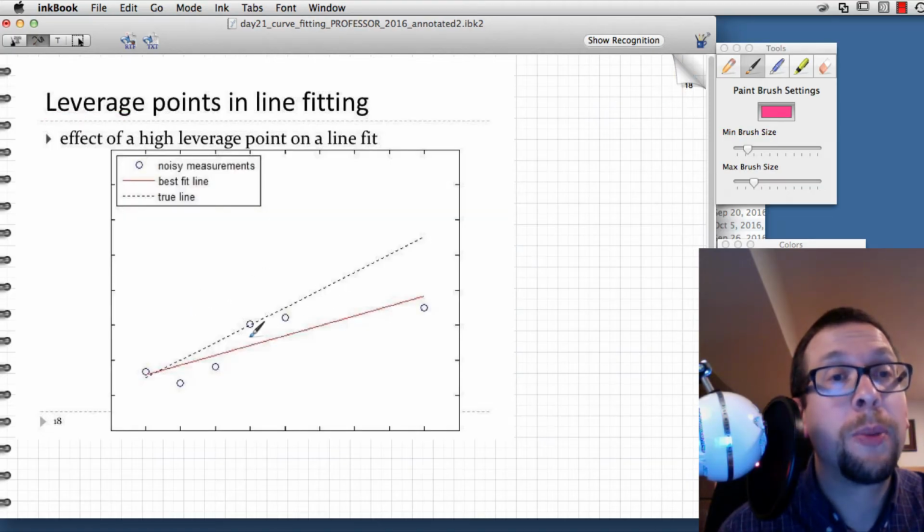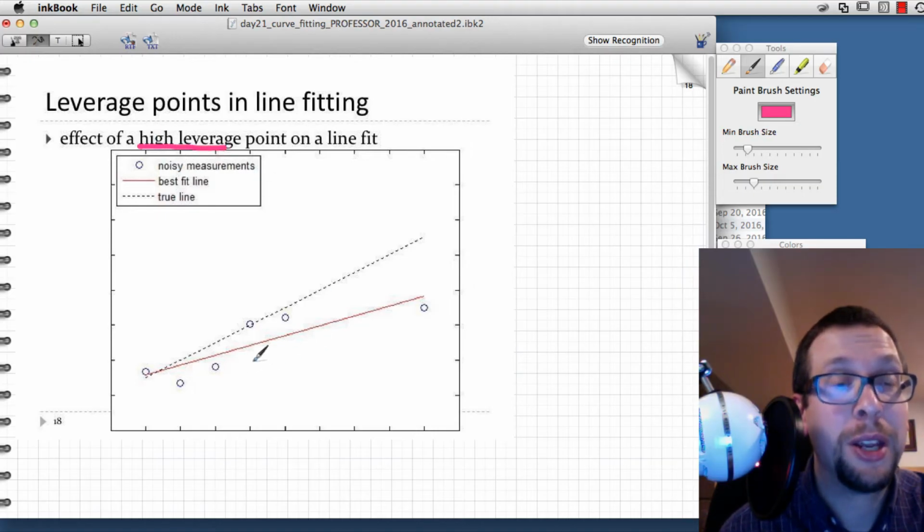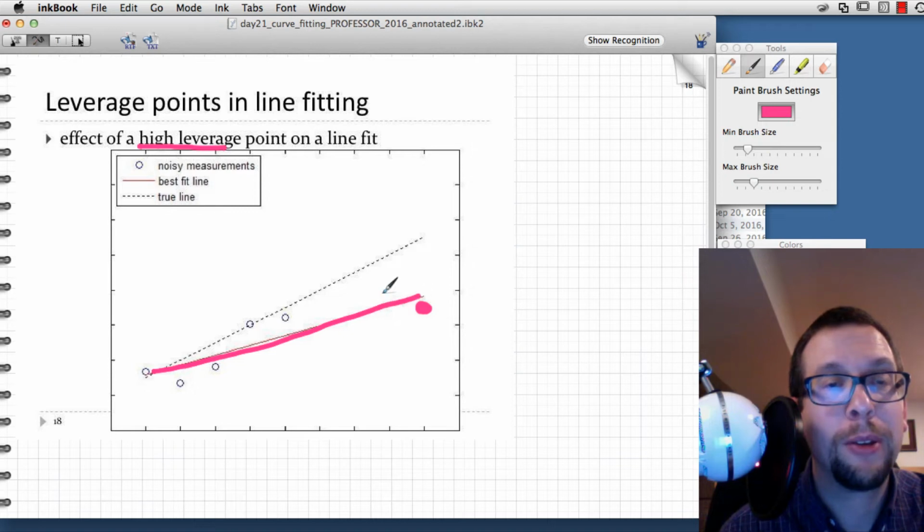Okay, so it turns out that in this particular case, what we've got is an example that highlights high leverage. And that's because you've got this point right here that really throws off the best fit line. Really, it should be closer up here, but because this data point is so anomalous, it's so way out there, it throws off the best fit line.